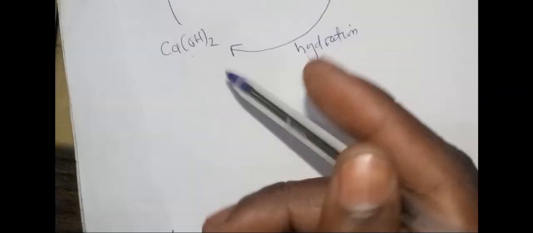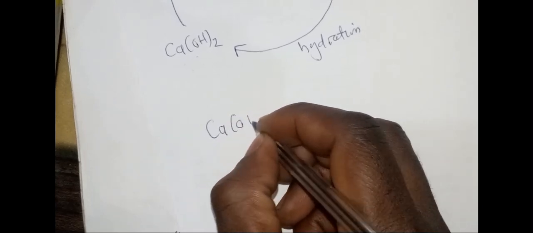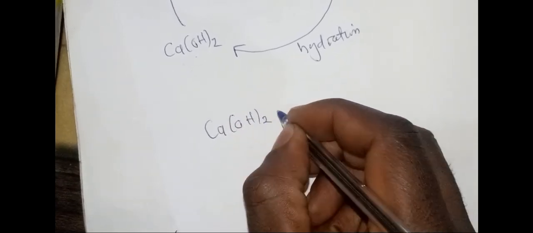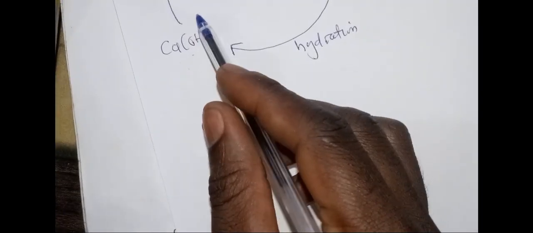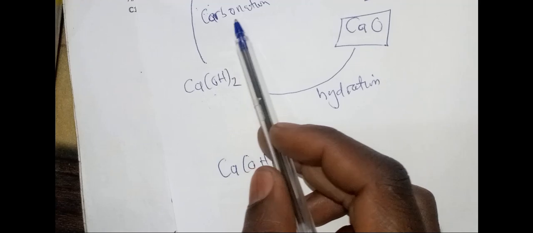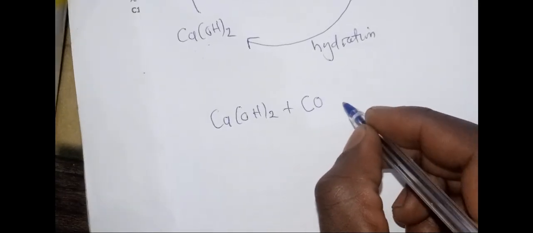Substance Y is calcium hydroxide, and in process A we said they use carbon dioxide, so it is plus carbon dioxide.